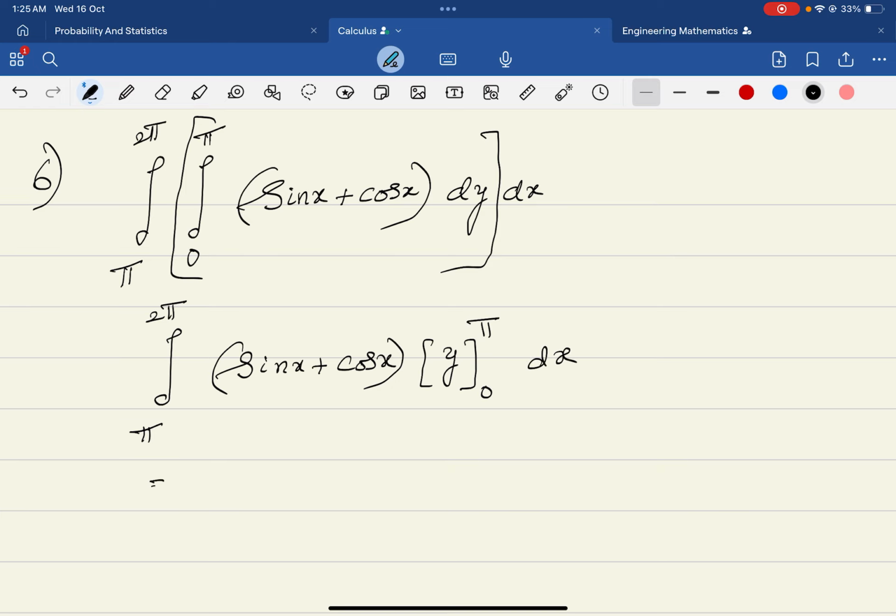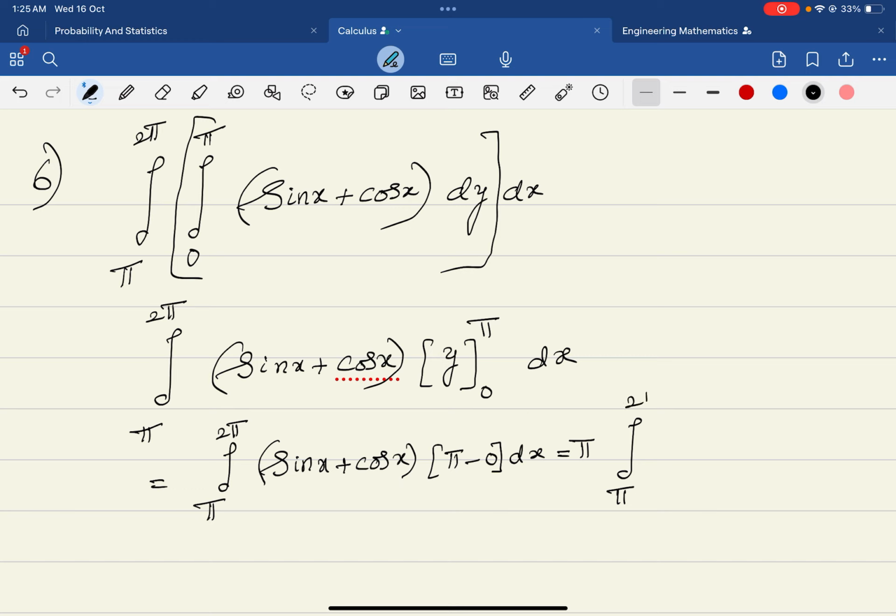Now what does this value give you? Integral pi to 2 pi, sin x plus cosine x times upper limit pi minus lower limit 0, times dx. Now how to solve this? This is of the type pi times (sin x plus cosine x), correct? So we will take pi outside, integral pi to 2 pi.